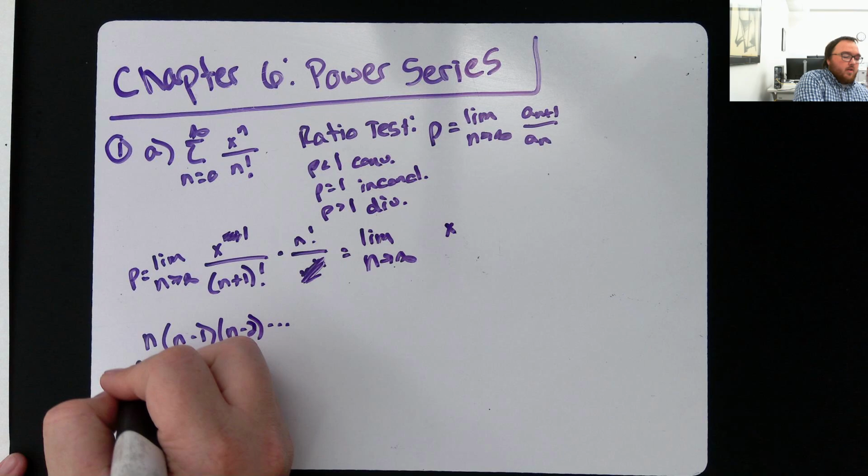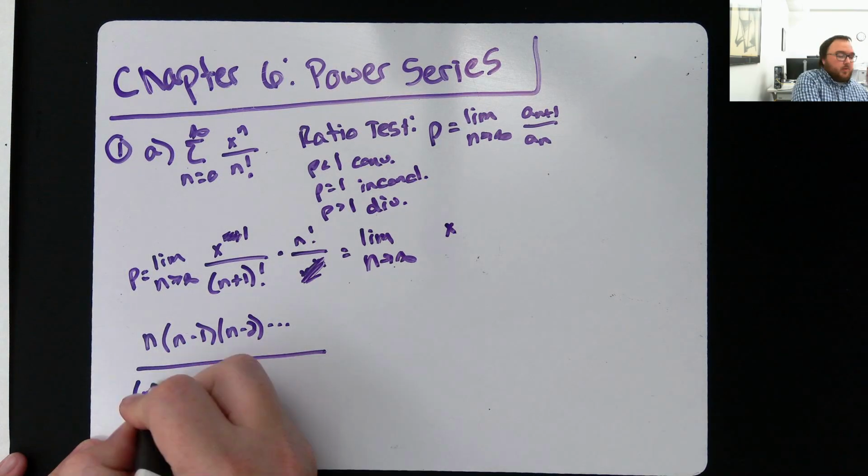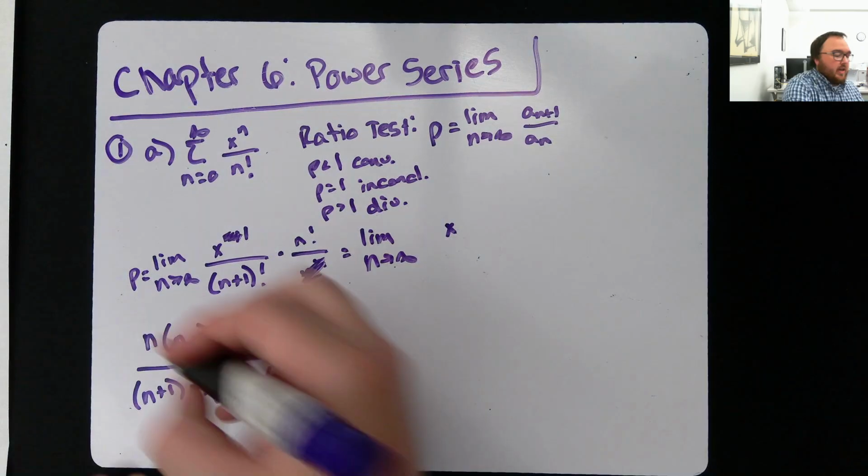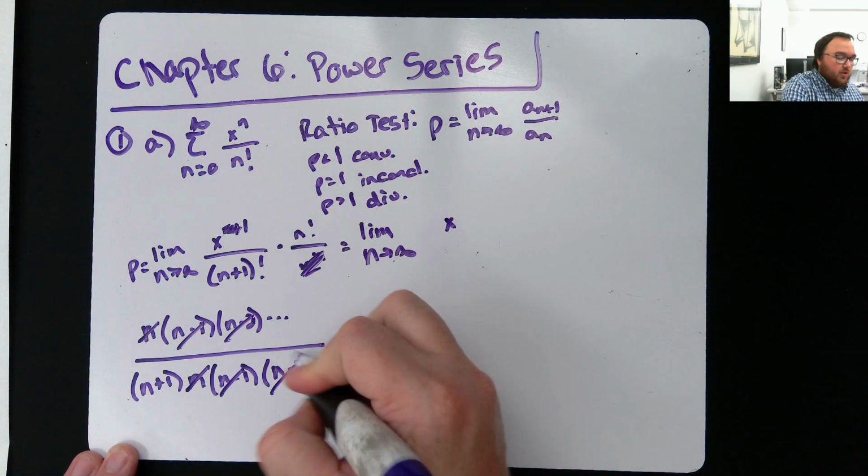Then divided by, do the same thing for n plus 1, means I would start at n plus 1. Minus 1 gives me just n. Minus another 1 gives me n minus 1. Minus another 1 gives me n minus 2, on and on, till I get down to 1. So what happens here is I can cancel out the n minus 1, n minus 2, and everything else. And all I'm left with is n plus 1 in the denominator.